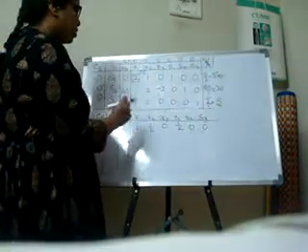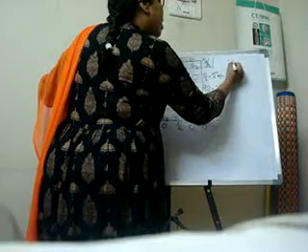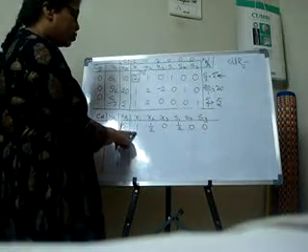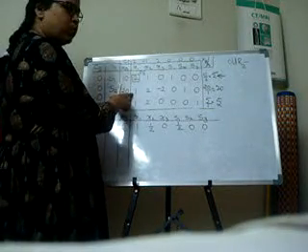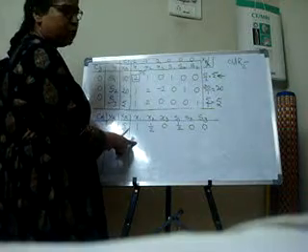One more operation. What is that operation? This is old R2 you are converting, minus new R1. What is new R1? 1 and here is what? 1. If we subtract this from this, we are going to get 0, right? New R1.